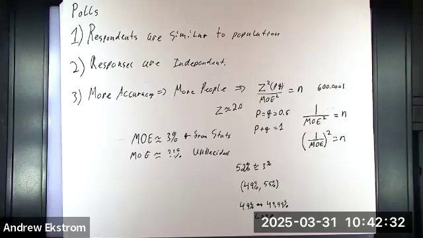So here they're trying to get you to go back and figure out how many people you need to actually talk with in order to do this. See if there's anything else in here.